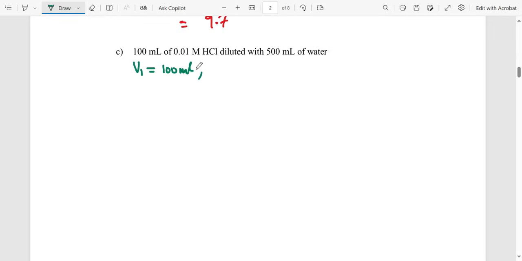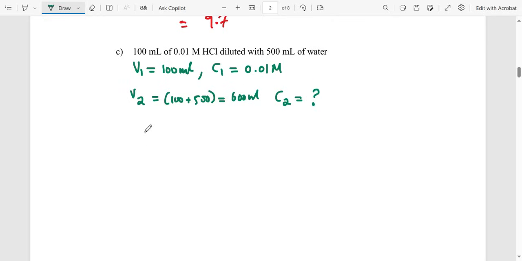And then the first concentration C1 is 0.01 molar. What will be the second volume? The second volume is after you add the initial volume with the dilution volume. So that is going to be 100 plus 500, which is 600 mL. But we don't know the second concentration, that is C2. We don't know this value.